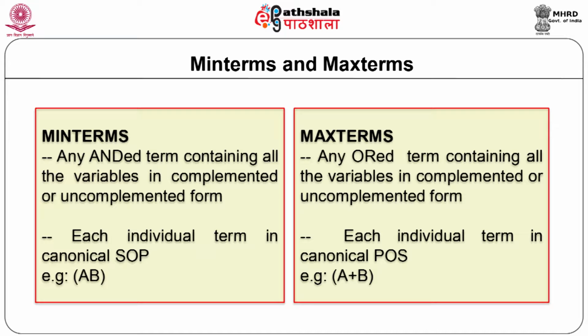The complement of a function contains those min terms not included in the original function. A function that contains all 2 raised to n min terms is equal to a logical one, and the same thing is true for the max term. For n variable inputs, we can have 2 raised to n max terms as well.